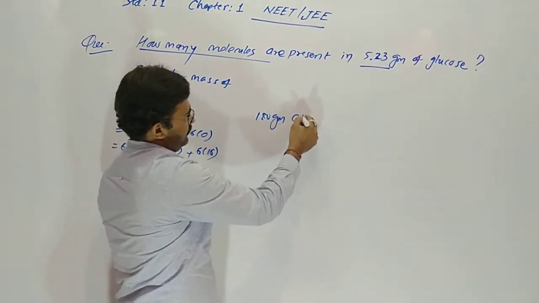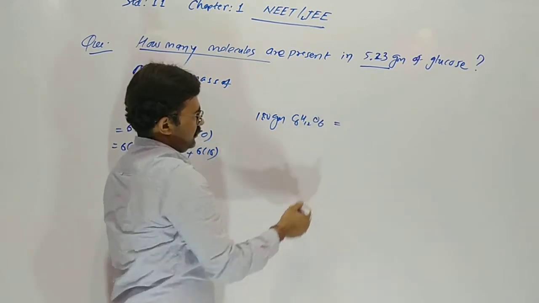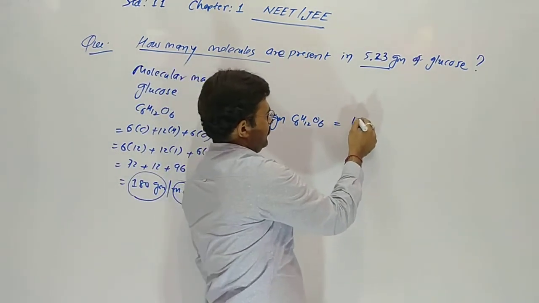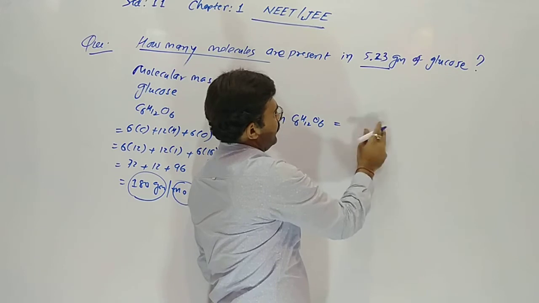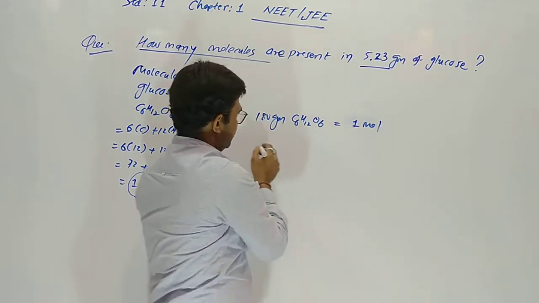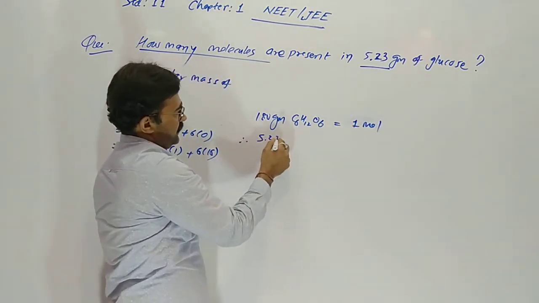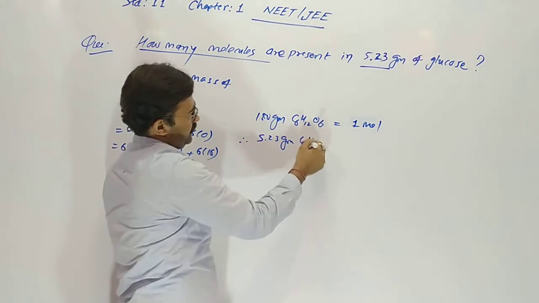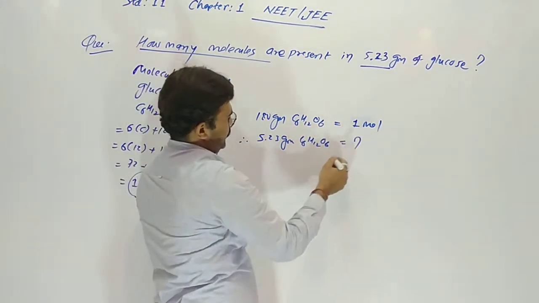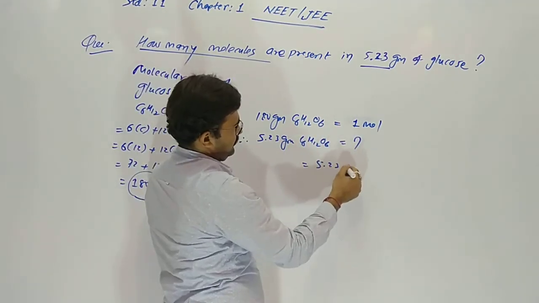180 gram glucose equal to 1 mole. Therefore 5.23 gram glucose equal to how much?